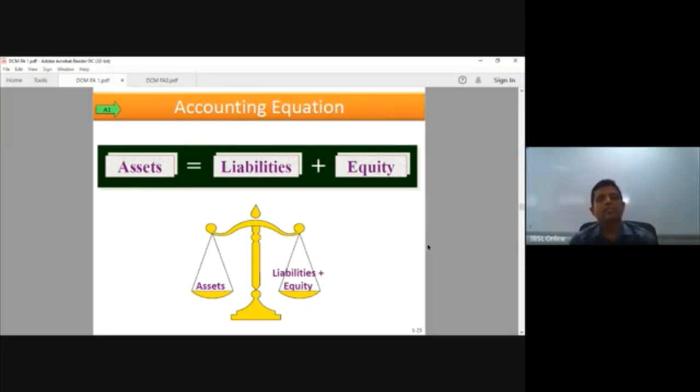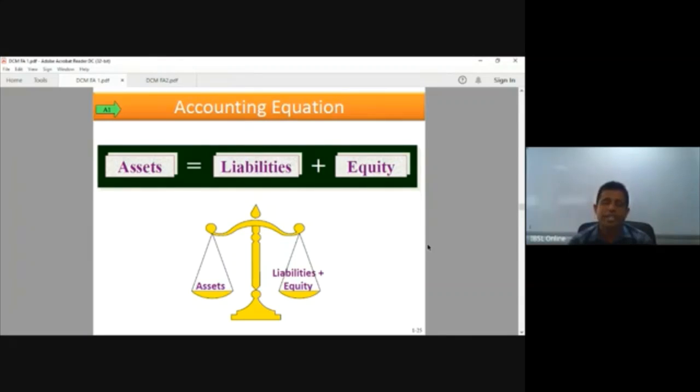That is the accounting equation. In accounting, we say assets equals liability plus equity. It derives if you take assets as a debit. In accounting, we say debit equals credit.